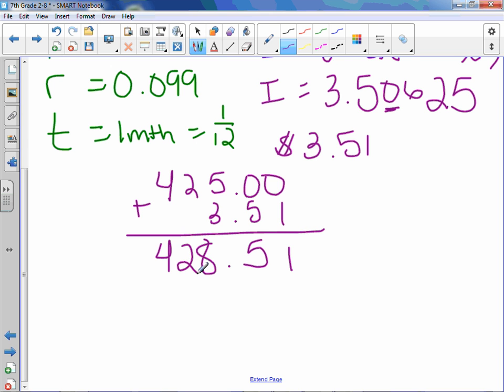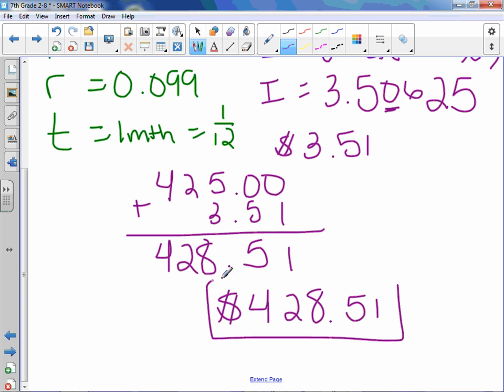So if he doesn't pay his card, he actually owes now $428.51. And this is why it's strongly recommended that when the day finally comes that you get a credit card, you always pay it off each month. A little life lesson there.